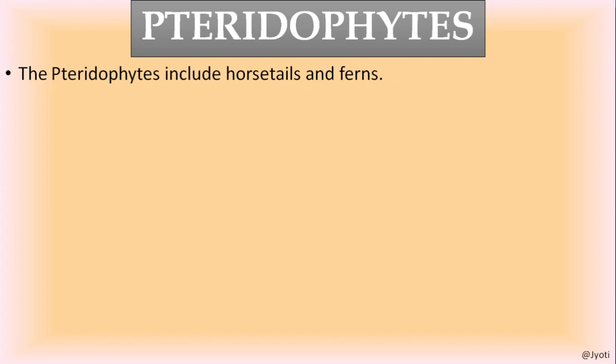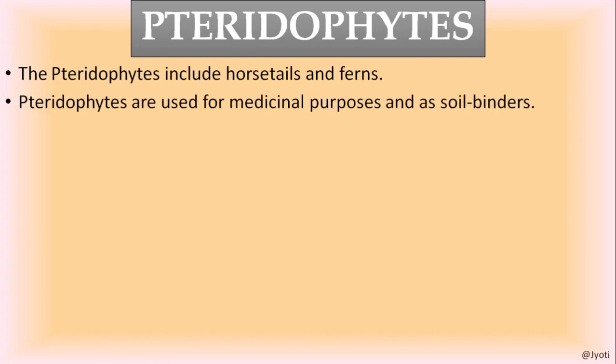So what are pteridophytes? What type of plants are included under pteridophytes? The pteridophytes include the horsetails and ferns. The pteridophytes are used for medicinal purposes and as soil binders. As you know, wherever the pteridophytes are growing, they bind the soil very firmly so that soil erosion is prevented.